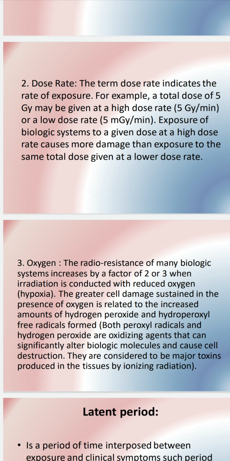Both peroxyl radicals and hydrogen peroxide are oxidizing agents that can significantly alter biological molecules and cause cell destruction. They are considered to be major toxins produced in the tissue by ionizing radiation.